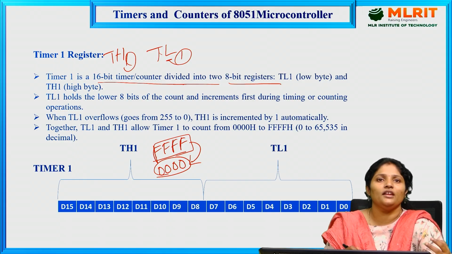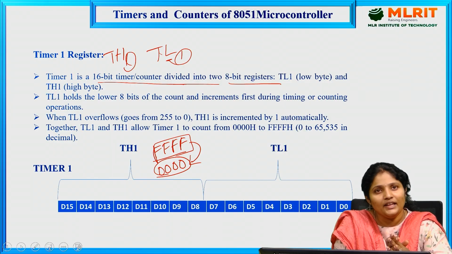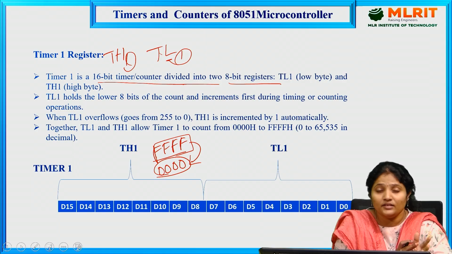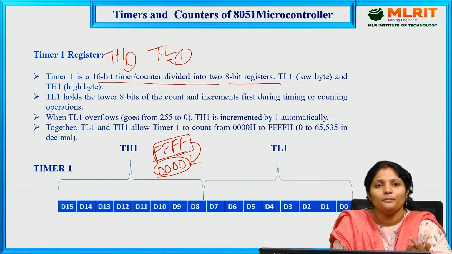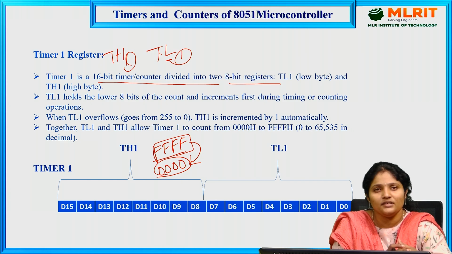Okay, so if the lower byte overflows, then automatically the higher byte will be incremented. If both the 16 bits overflow, then we get one intimation by using the bit present in the TCON register, that Timer 1 has overflowed or Timer 0 has overflowed. For both timers, there are two separate bits in the TCON register.